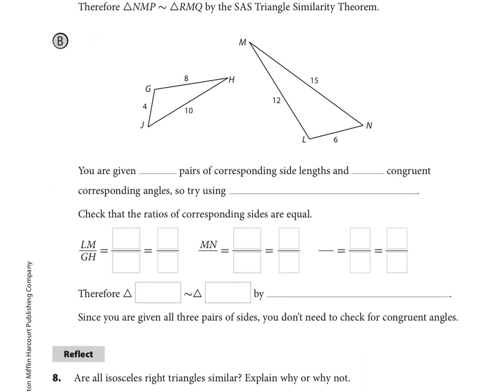In part B, we are given 3 sides on both triangles, and so we think that we should be able to try using the side-side-side triangle similarity theorem. 3 pairs of corresponding side lengths, and we don't have any congruent angles, so that's why you don't see any A's in our shortcut label, just sides. So we have to do 3 ratios of corresponding sides, and as they've started us off here, we're doing LM to GH.